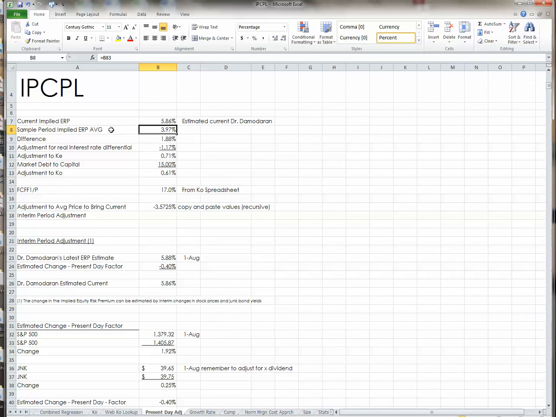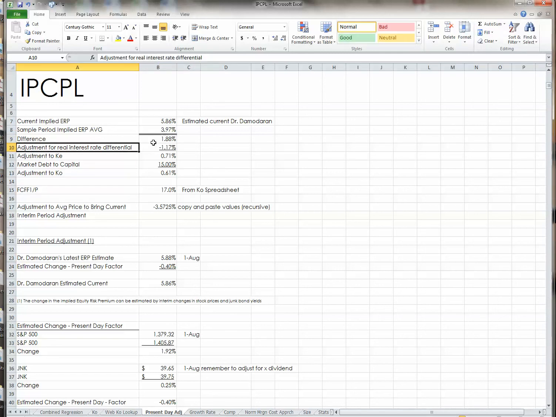That is the equity risk premium over the 15-year period for our sample. So today's equity risk premium is this, the sample period was this, which is a difference of 1.88%. So it's higher by 1.88% today, which, all other things being equal, would say things are worth less today than they were over the 15-year period.